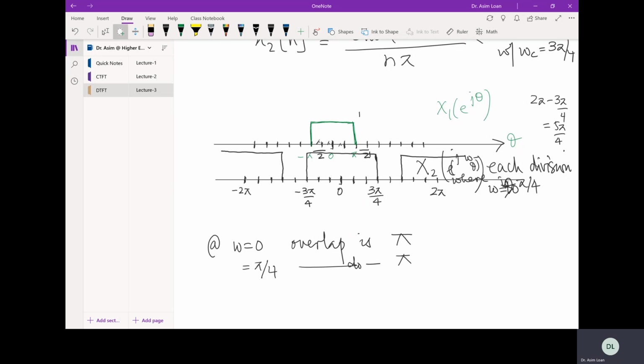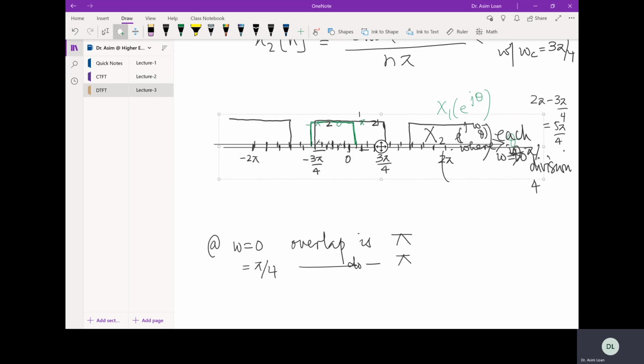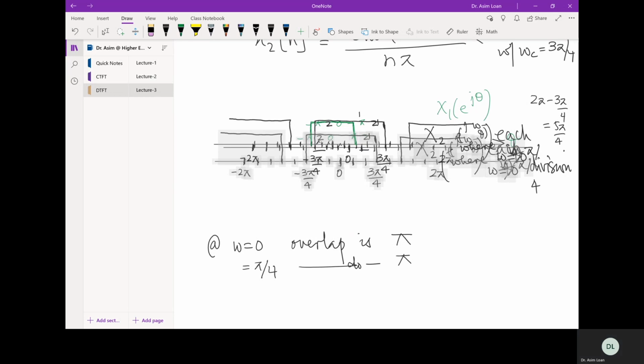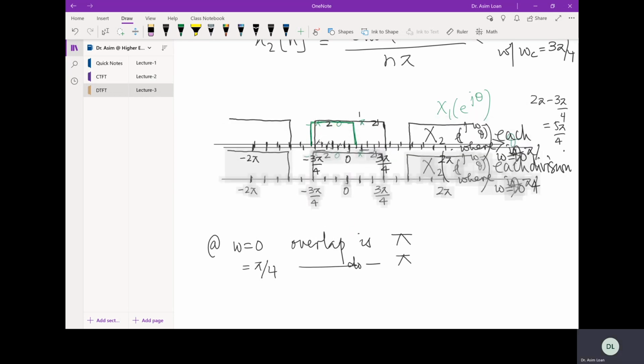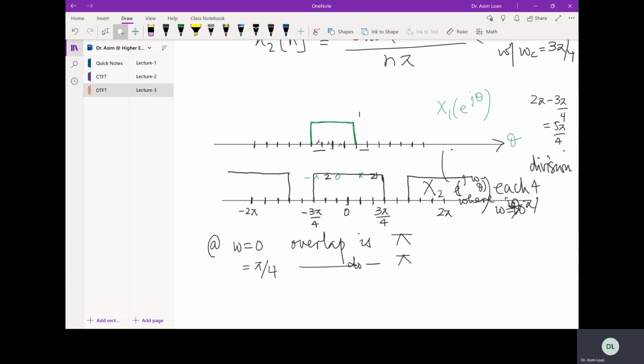Let me select again. If now I move by another pi by 4, so now my zero, wait, pi by 4 division.